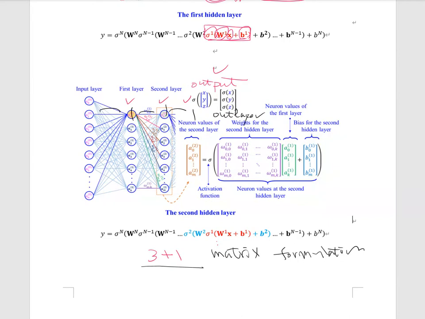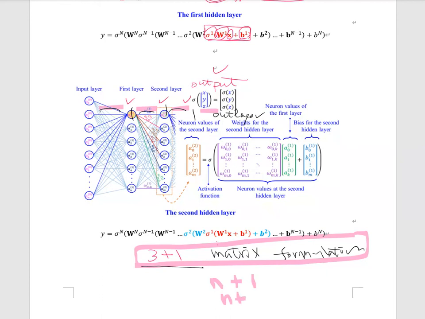Assume that way. Then we're going to have 1 matrix expression, 2, 3, and 4. This is how you're going to end up with the matrix formulations. So if you have n layers plus 1 upper layer, then you're going to have n plus 1 matrix formulations. It's very easy to follow.